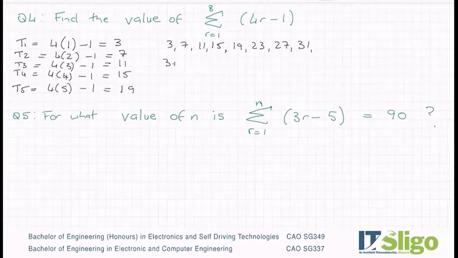So 3 plus 7 plus 11 plus 15 plus 19 plus 23 plus 27 plus 31. I'm going to put that into my calculator now: 31 plus 27 plus 23 plus 19 plus 15 plus 11 plus 7 plus 3. And I'm getting 136, assuming I put it into my calculator right.